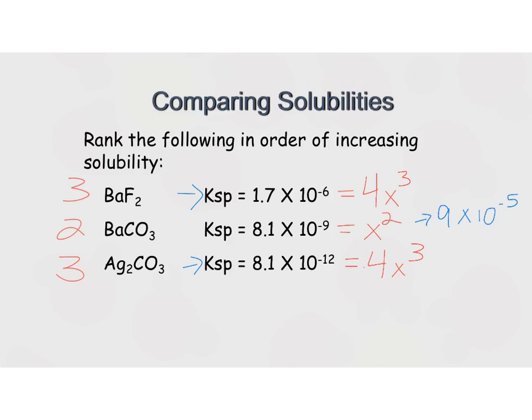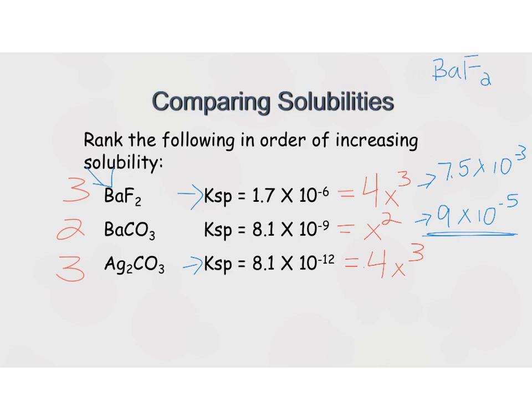So we've just got to figure out where this guy falls in the mix. So we need to solve at least one of these to try to figure out where the other one goes. All right, little bit of math, and we see that this one's molar solubility is 7.5 times 10 to the negative 3rd. So far, this one is definitely the most soluble.